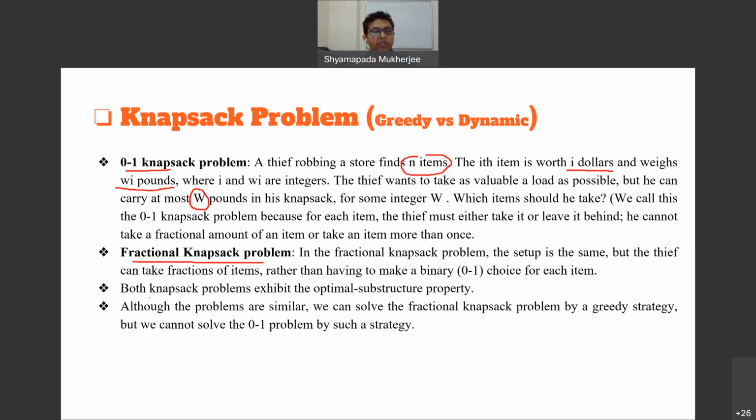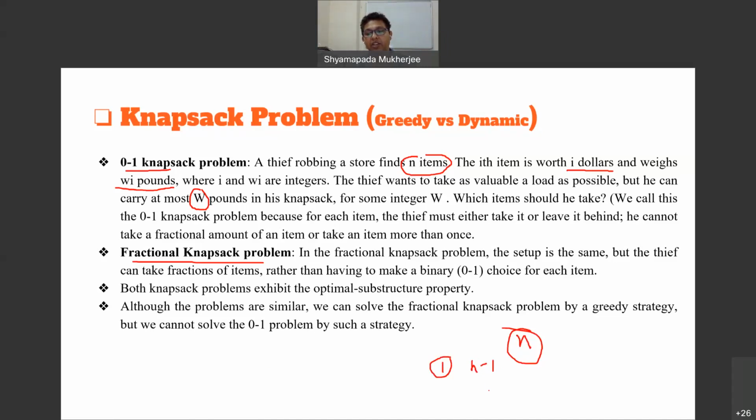Both problems exhibit the optimal substructure property. Why am I saying that? Suppose there are n items. The thief will take one item at a time, so we'll be left with n minus 1 items.